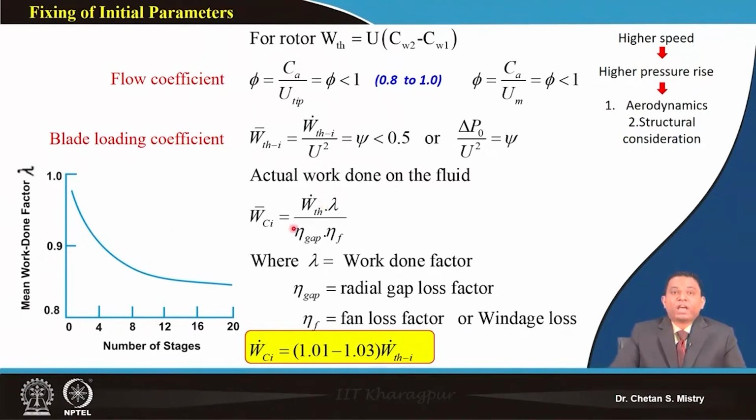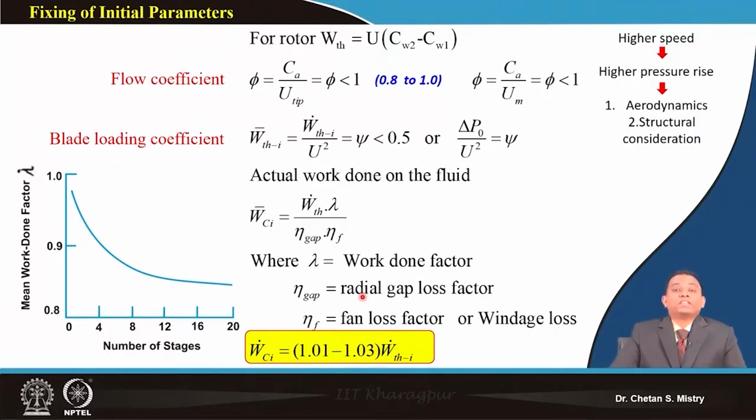In the denominator we have the gap efficiency, and this is called the fan loss factor. Now this gap is nothing but a radial gap loss factor. When we have our rotor rotating at a particular speed, we provide a certain amount of gap between casing and rotor.